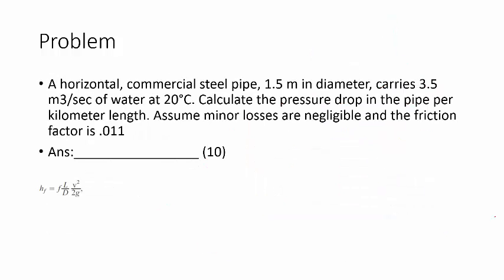Okay, so now we have a horizontal commercial steel pipe, 1.5 inches in diameter. So let's write this given. Horizontal, that means that there's no change in elevation. Commercial steel pipe.